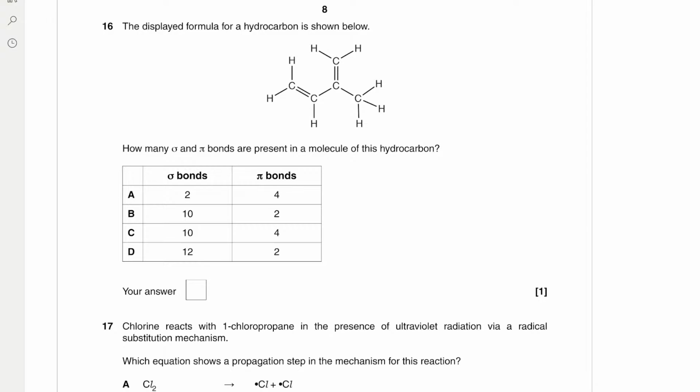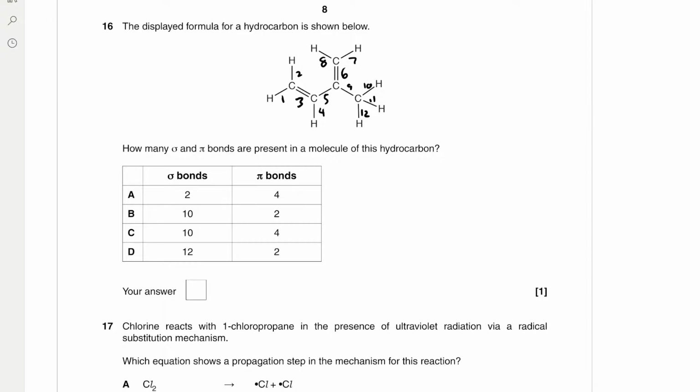So if we just go ahead first and count all of our sigma bonds, so we've got 1 here, 2 here. Then in this double bond, we've got 1 sigma bond and 1 pi bond. So we'll just start with our sigma bonds. So that's 3 sigma bonds, 4, 5, 6, 7, 8, 9, 10, 11, 12.